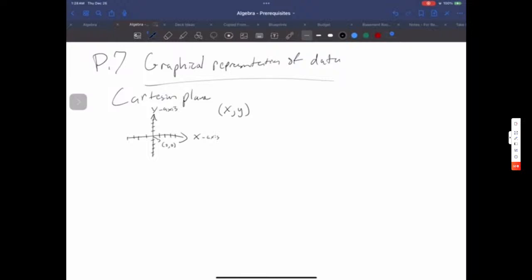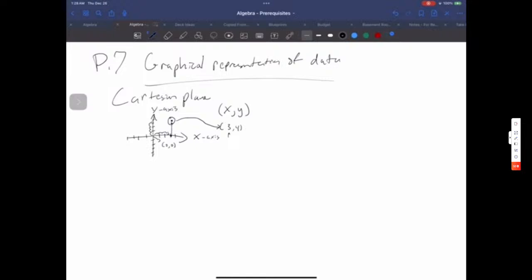And if I wrote something like 3, 4, then I would say, well, the x is 3, so I move out to 3. Here's 3. And then I move up to 4. 1, 2, 3, 4. But I do that over here where the 3 was, because I move from 3 up to 4. And this is the point 3, 4.